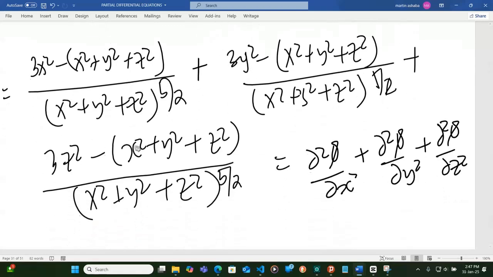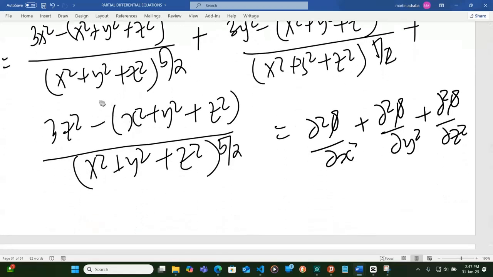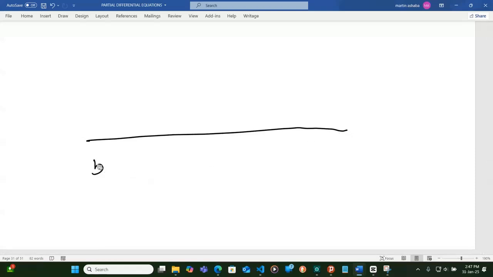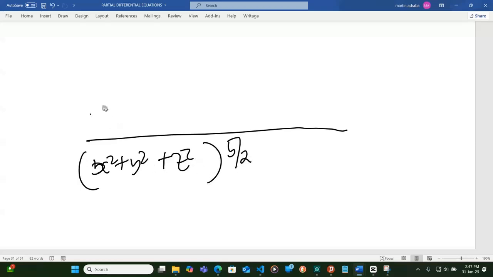You will see that everything is over (x squared plus y squared plus z squared) to the power 5 over 2.